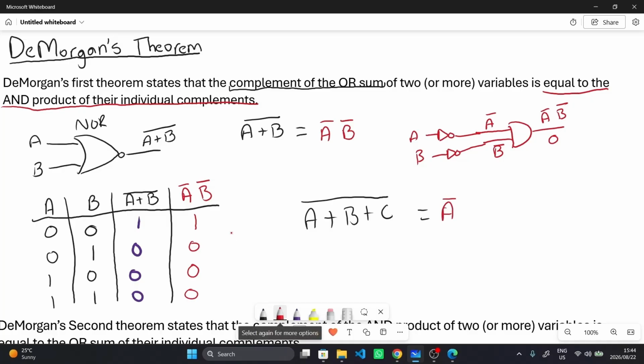So we'll have A complement, B complement, C complement, right? As you can see, they are not connected, they are separated. So that's your first DeMorgan theorem, right?